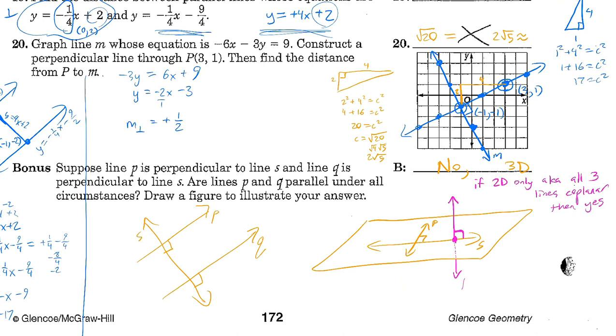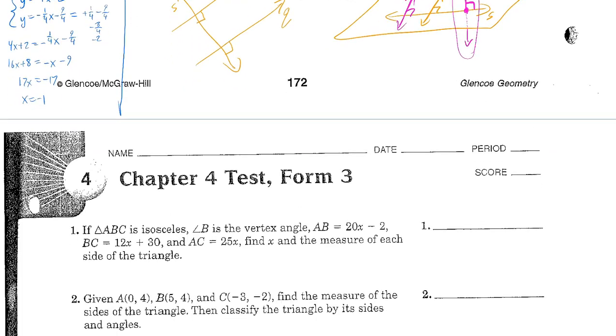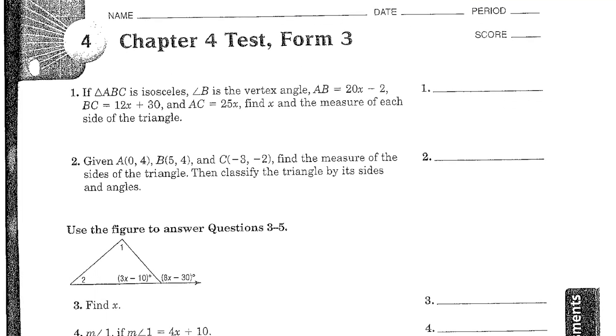Like rotate this one in 3D space around line S, like you're turning it like a knob, and have it point that direction, or this direction, where it still forms a 90-degree angle with S, but you can spin it in 3 dimensions. So it doesn't have to be perpendicular to S and parallel to P; I could rotate it in 3D space. That's a very cool question. I like that one.